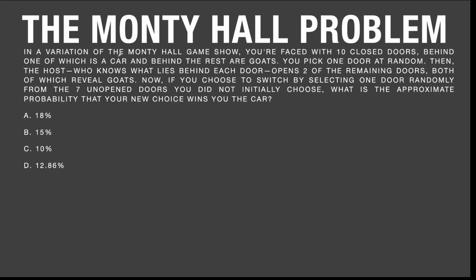In a variation of the Monty Hall game, you are faced with 10 closed doors, behind one of which is a car and the rest of them are goats. You pick one door at random. Then the host, who knows what lies behind each door, opens two of the remaining doors. There is one door here, and two doors opened, and dot dot dot, there are 7 more doors.